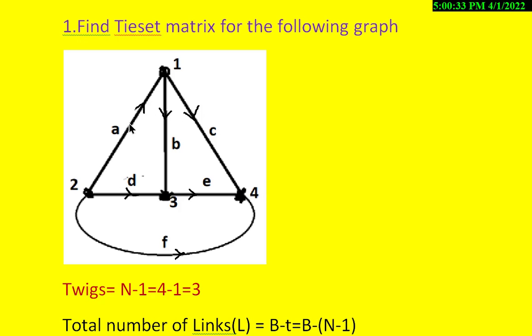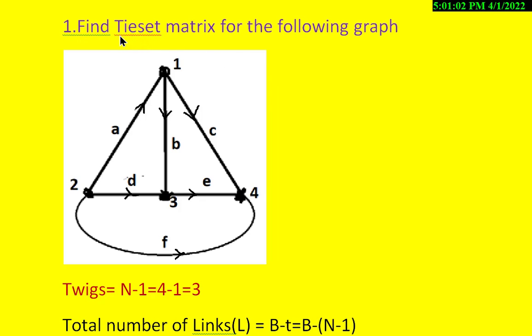The branches are A between nodes 1 and 2, branch B between 1 and 3, branch C between 1 and 4, branch D between 2 and 3, branch E between 3 and 4, and branch F between 2 and 4, and they have the current directions like this, and this direction can be chosen as per the wish.